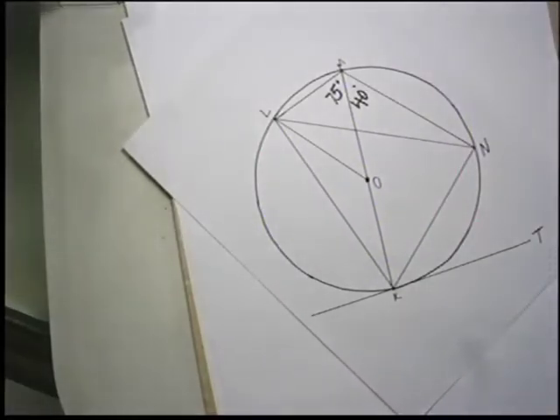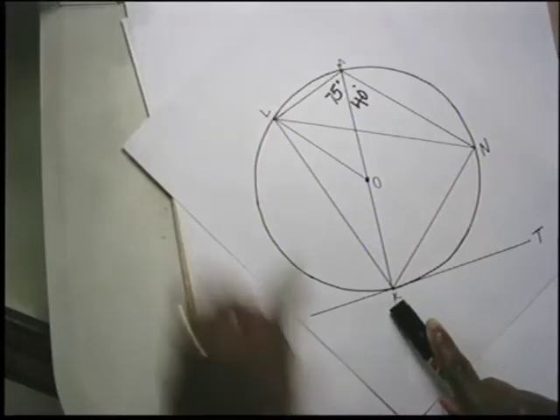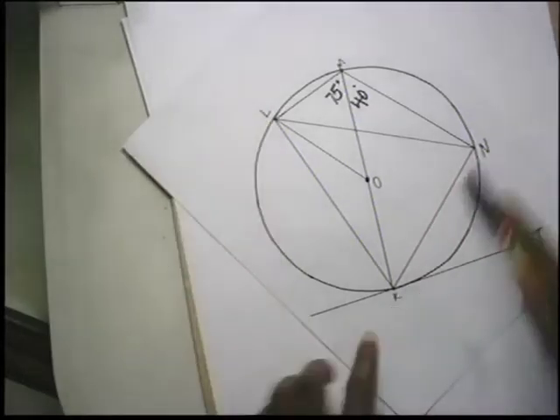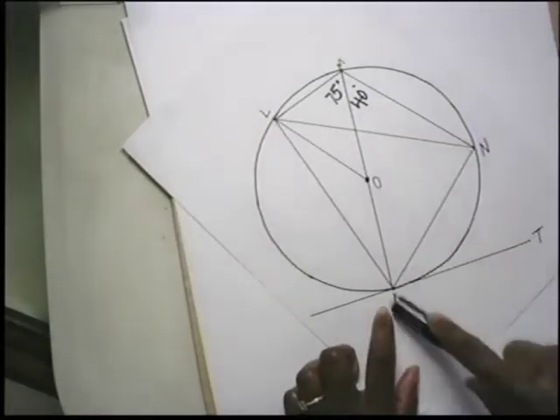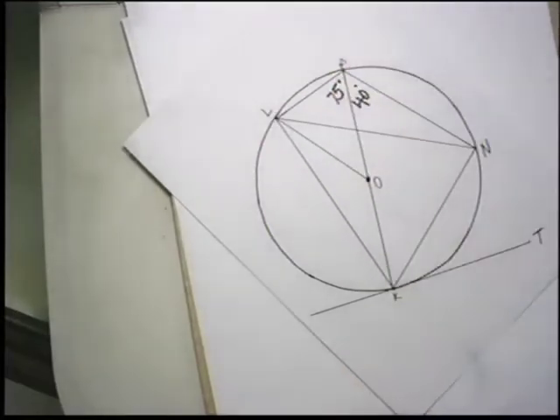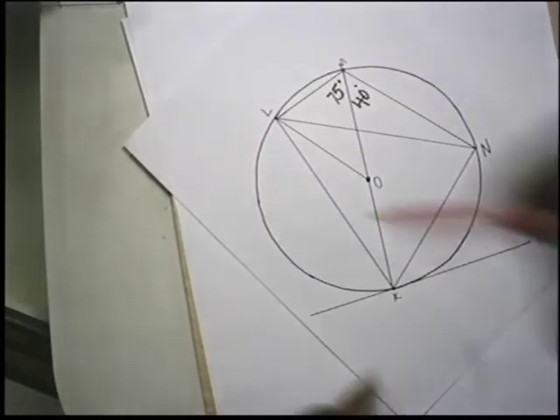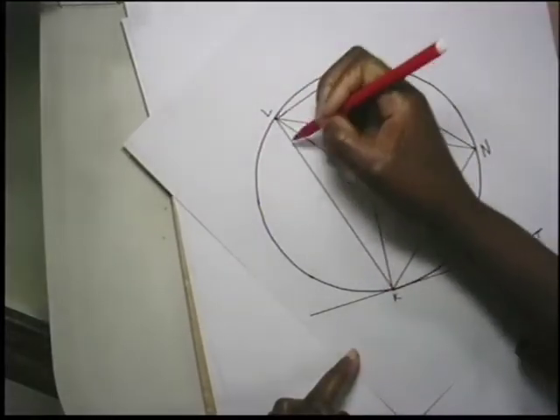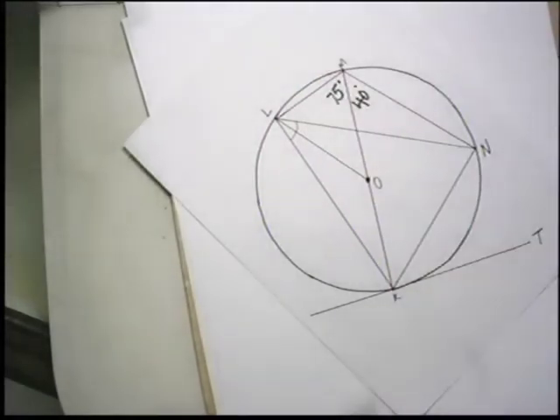Okay, so let's continue. Calculate angle KLN. This is the angle that you are calculating at the whole of this part here. KLN, this angle here. Okay, how can we get that angle? Remember those properties.